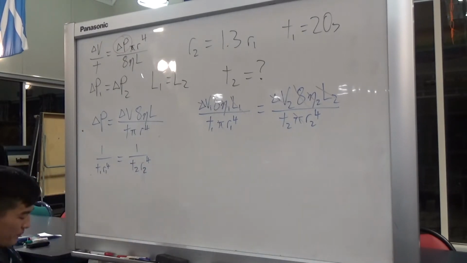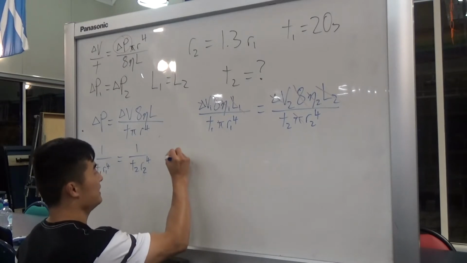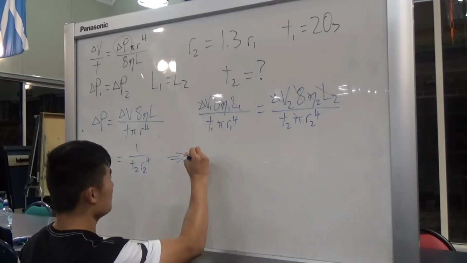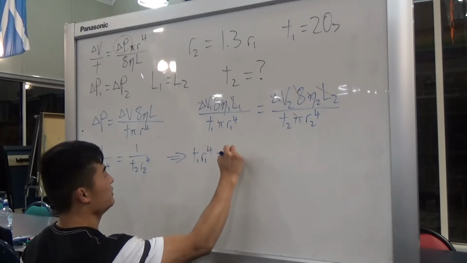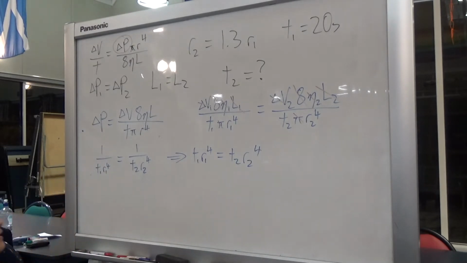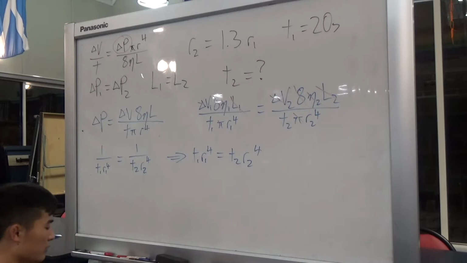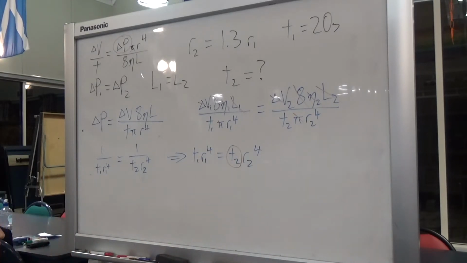Okay, and we're going to flip both sides over to make it easier for ourselves. So that's just going to be T1 times R1 to the 4th power is equal to T2 times R2 to the 4th power. And we want to get T2 on its own, so we're going to divide both sides by R2 to the 4th power.